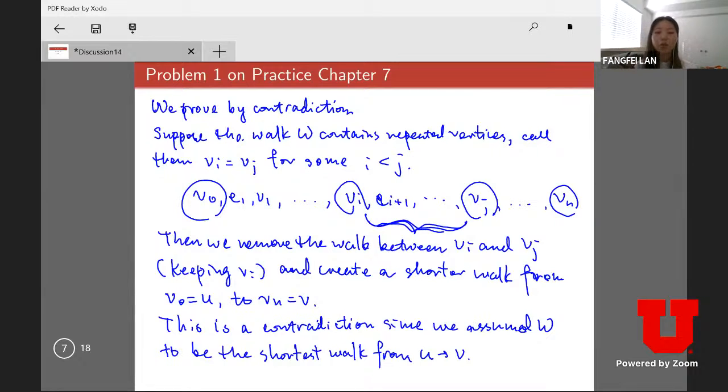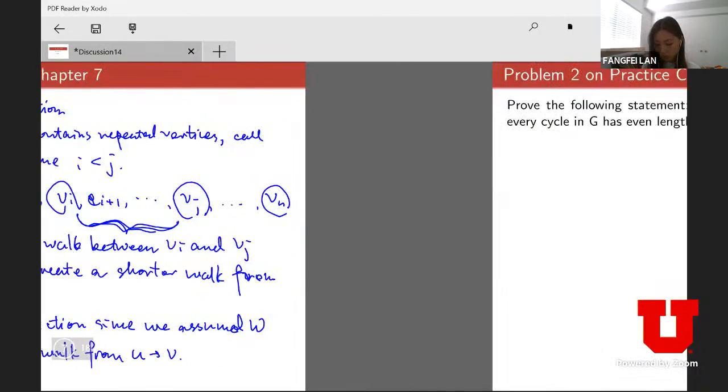It has no repeated vertices. Does it make sense? Any questions? Okay. Then shall we move on?